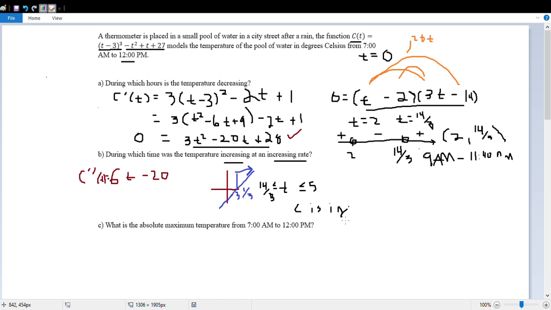C is increasing at an increasing rate. Well, what's our justification there? How do we get full points on this?